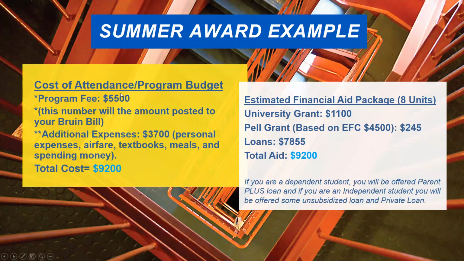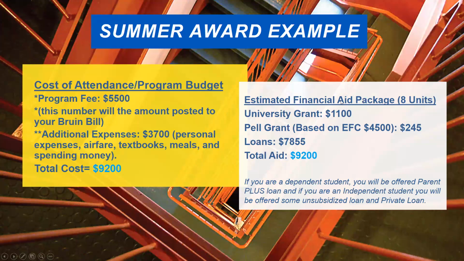Now, for this particular student with an EFC of $4,500, this is a couple of years ago, so I'm going to correct the numbers. He's taking 8 units. Remember, I said 8 units during the summer. Well, at any time, 8 units is half time.